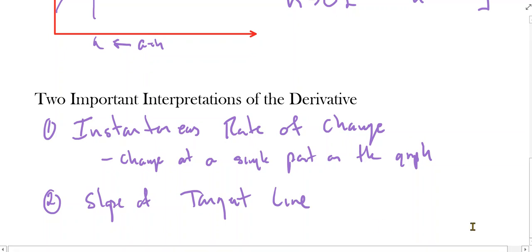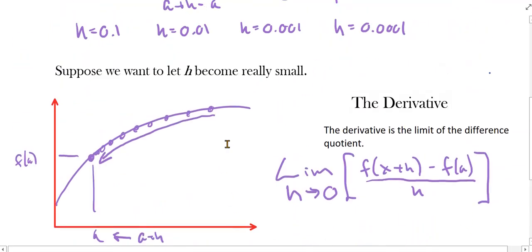Because what happens as the second point gets infinitely close to the first point is that our secant line only touches the graph at 1 point. And so what we have is the very definition of a tangent line. You remember from geometry that a tangent line touches a graph at a single point.